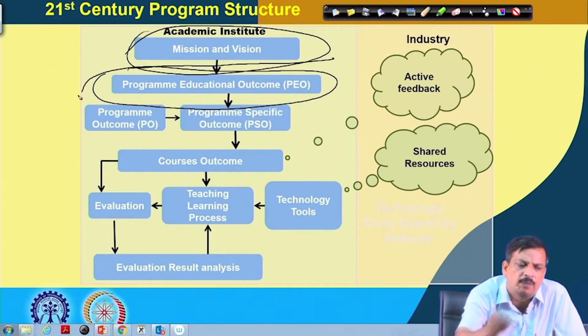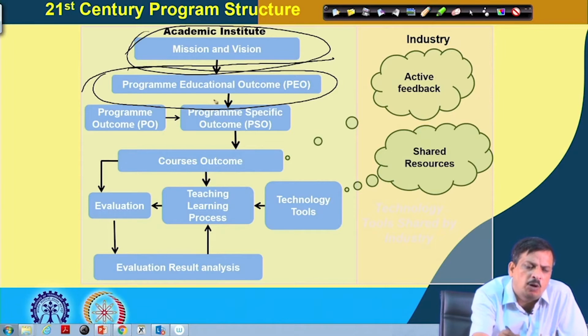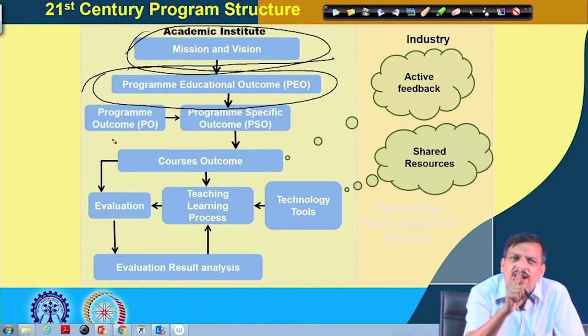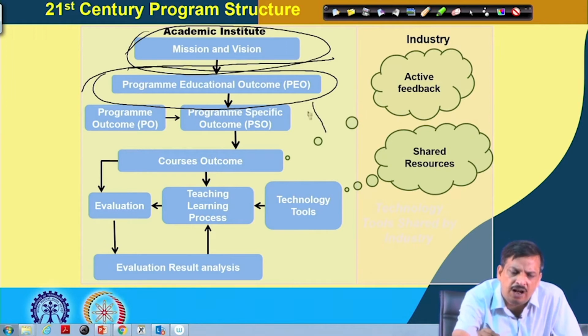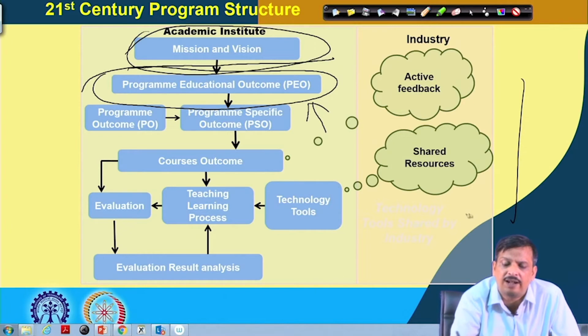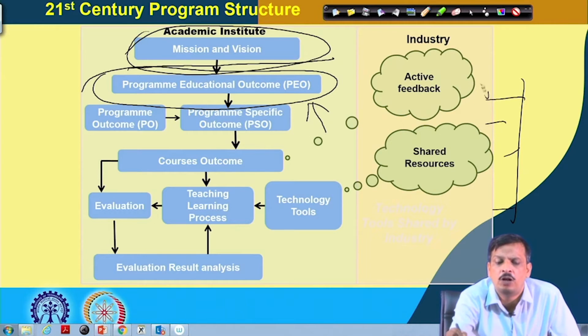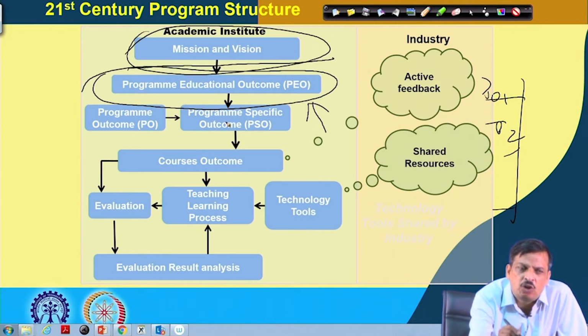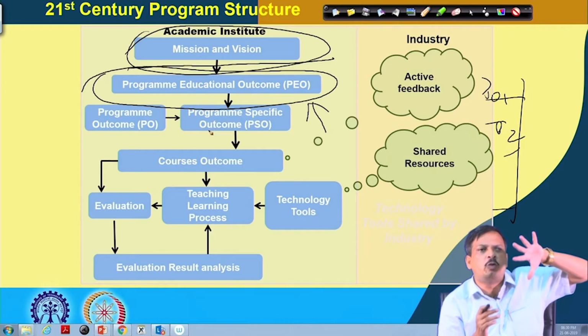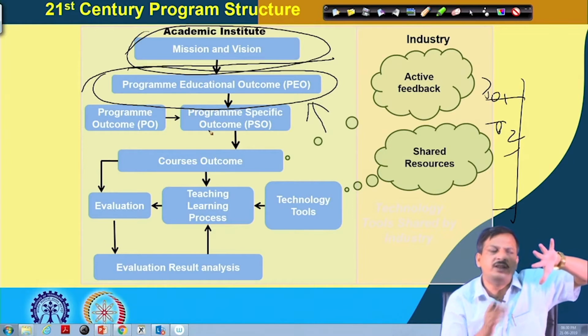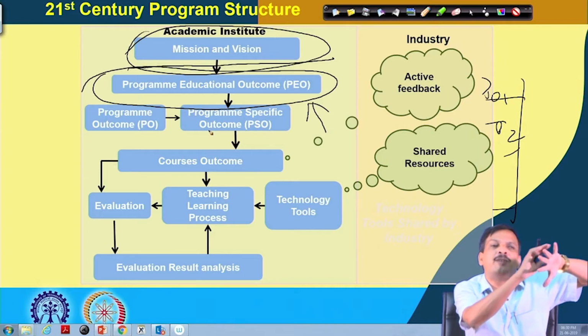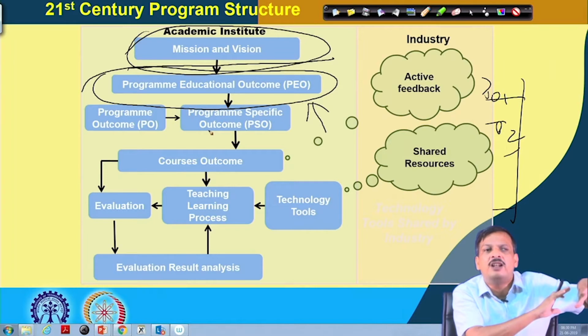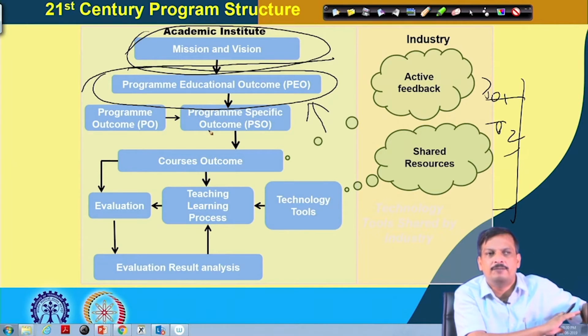So, that is a program. Then every program must ensure your accreditation. A program is measurable with respect to 12 dimensions, 12 POs, PO1, PO2, PO3 like this. A program has to be measured with respect to 12 dimensions of accreditation, of which 5 are domain specific skills and 7 are domain independent skills.